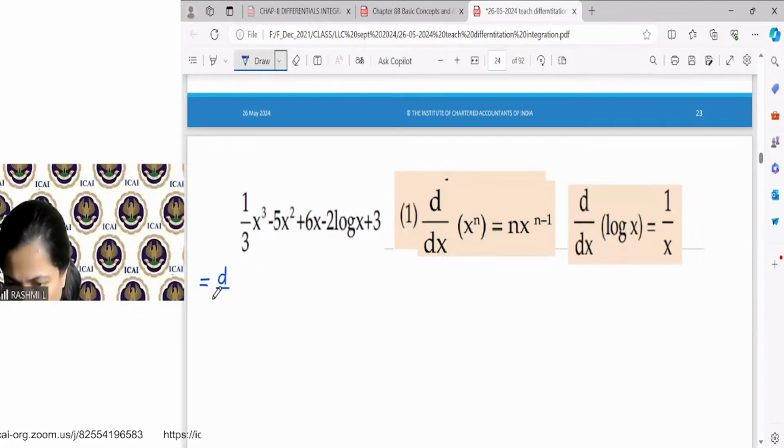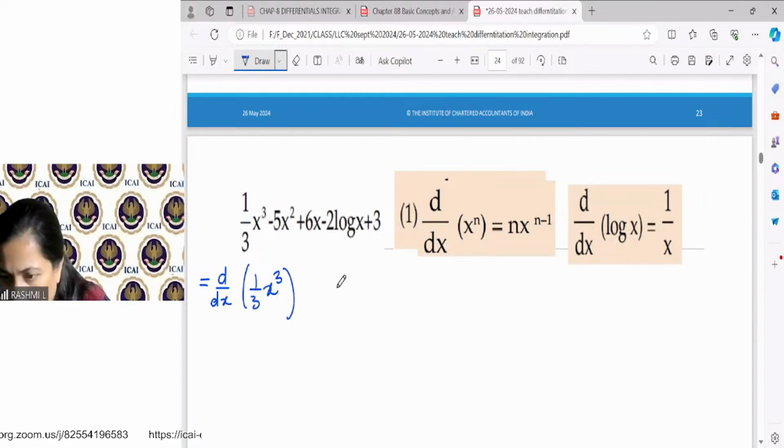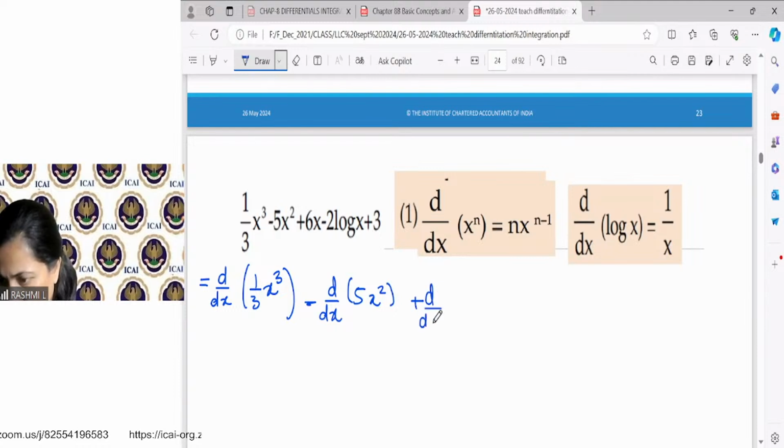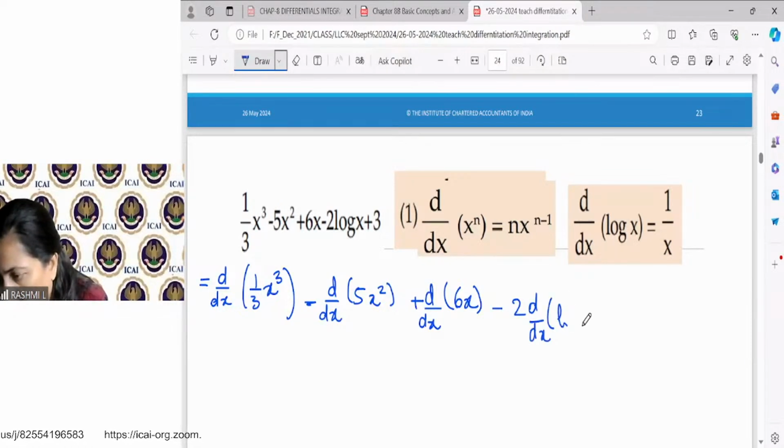This is equal to d by dx of 1 by 3 x cube minus d by dx of 5x square plus d by dx of 6x minus 2 d by dx of log x plus d by dx of 3.